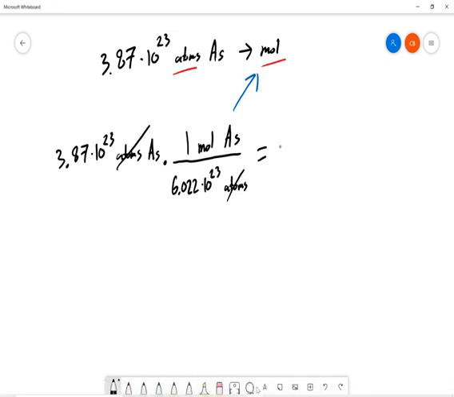So 0.643 moles of arsenic, which makes sense because this is looking like a little more than half, right? 3.87 is a little more than half of 6.022. So we get a little more than half here, 0.6.